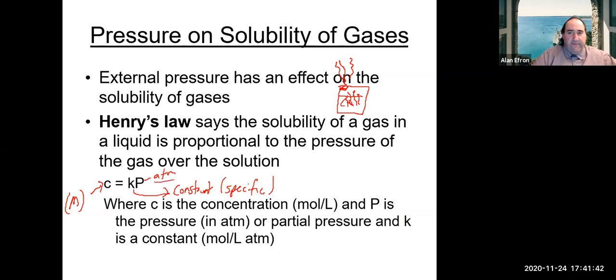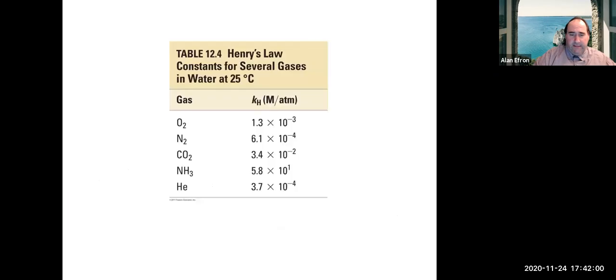We could use this to figure out things like the pressure we would have to keep a gas at to maintain a certain concentration, or vice versa, the concentration to maintain a certain pressure. Here is a table of some of those constants, and as you can see, depending on the gas you're dealing with, you will have a different constant value.